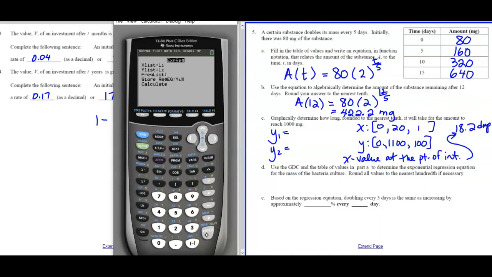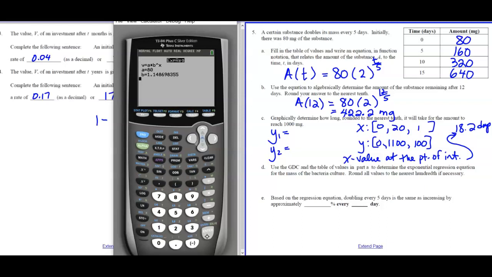If you don't have that prompt like this, then you just need to, you'll see exponential regression, just do the vars, y vars, and then find your y1, and you'll be good. Calculate. Okay. And there it is.